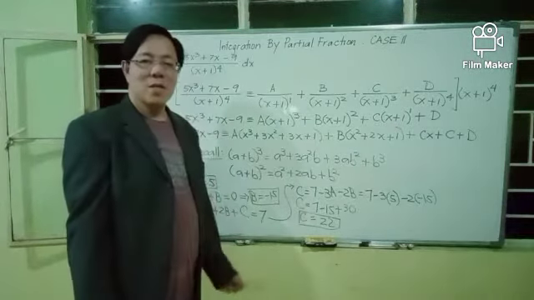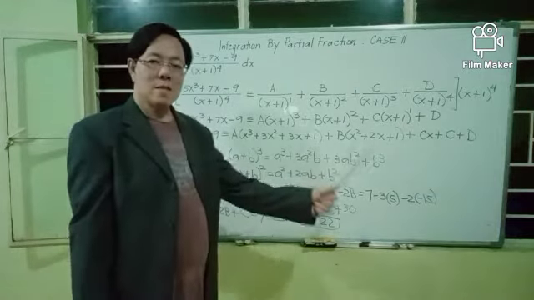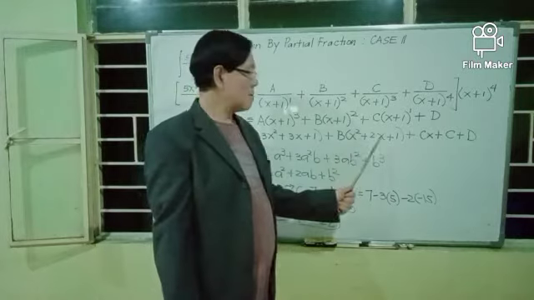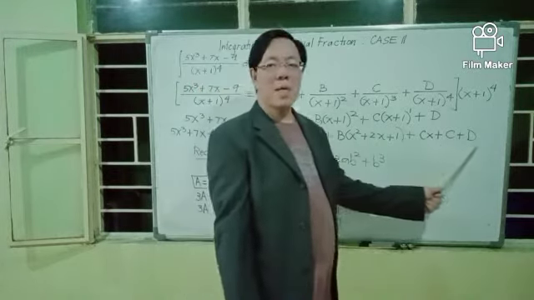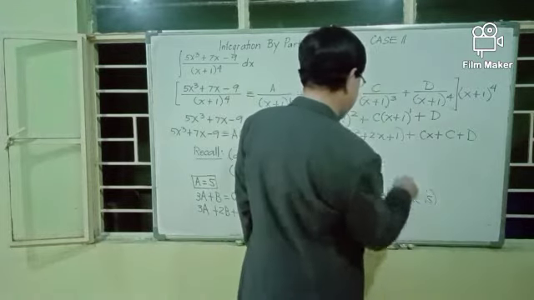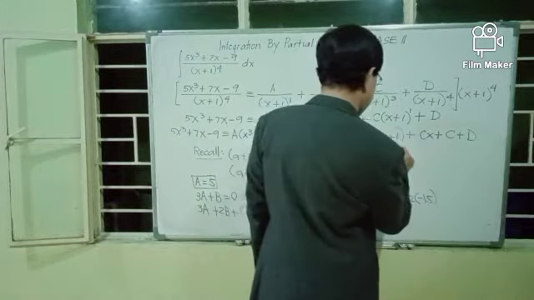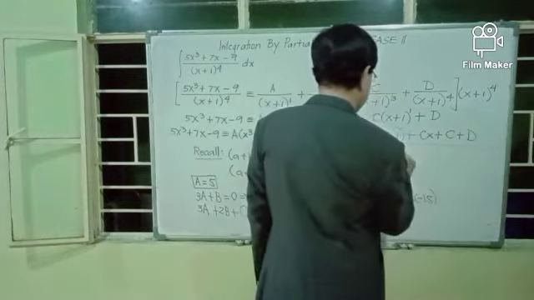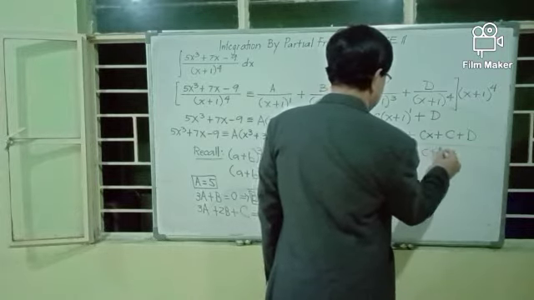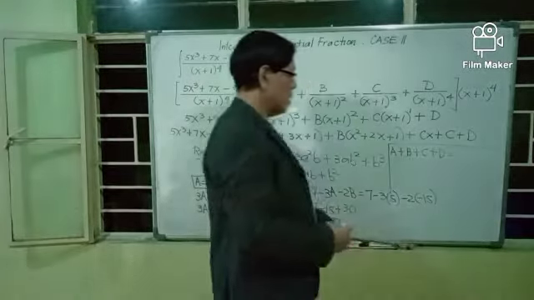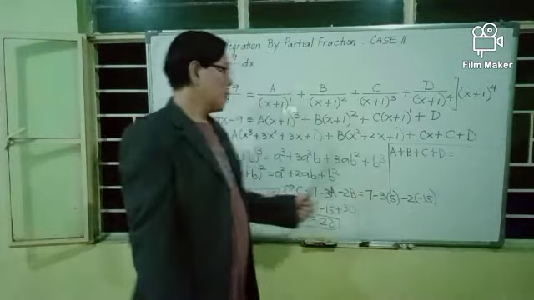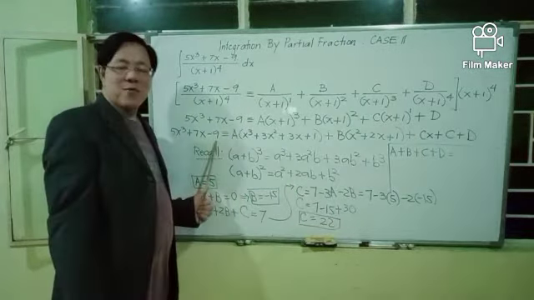Thus, the constant term at the right hand side is the sum of a plus b plus c plus d. And we equate this constant term at the right with the constant term at the left, negative 9.